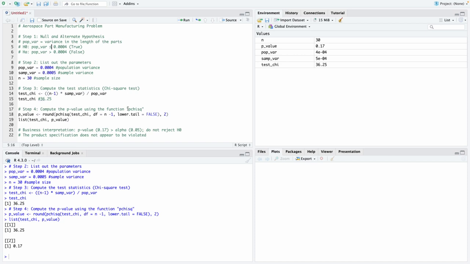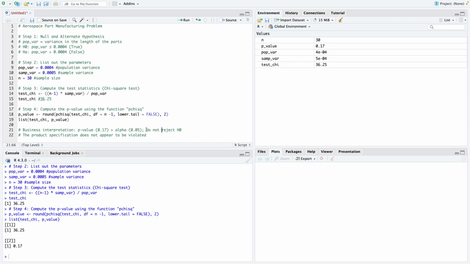So what we're saying is that the product specification does not appear to be violated. First of all, the p-value was 0.17, which is greater than alpha, so you say do not reject H0. Then when you come to your null and alternate hypothesis, we can see that the null is true.